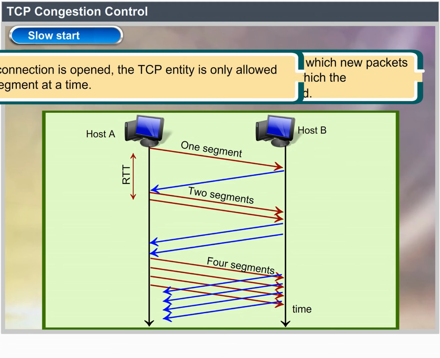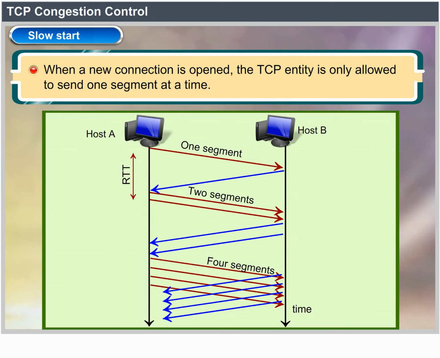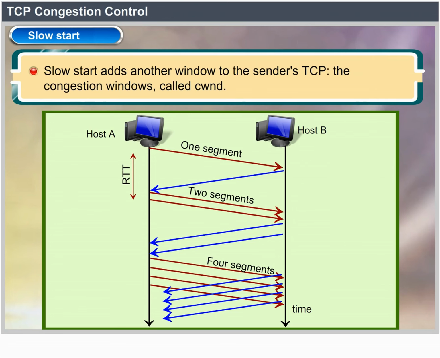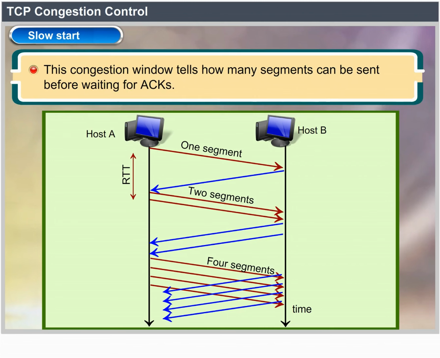When a new connection is opened, the TCP entity is only allowed to send one segment at a time. Slow start adds another window to the sender's TCP, the congestion window, called CWND. This congestion window tells how many segments can be sent before waiting for ACKs.